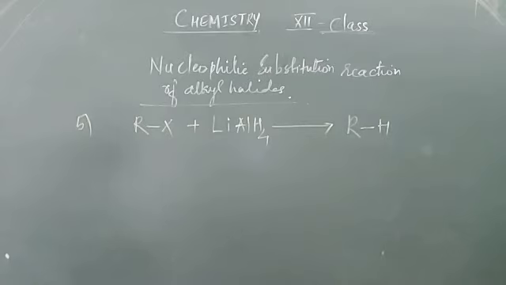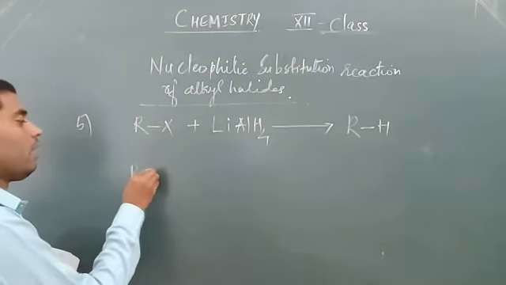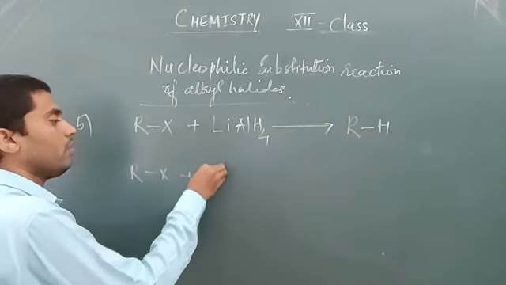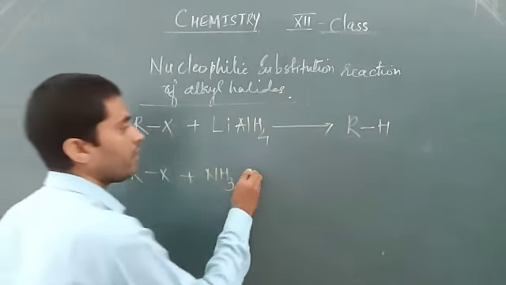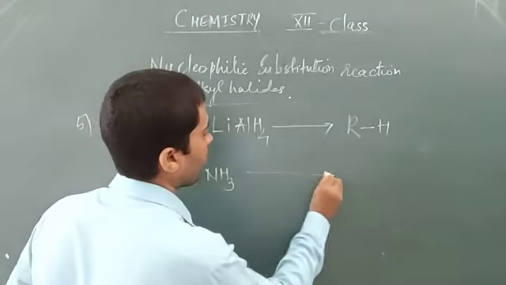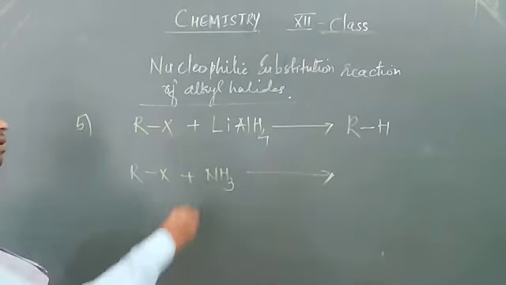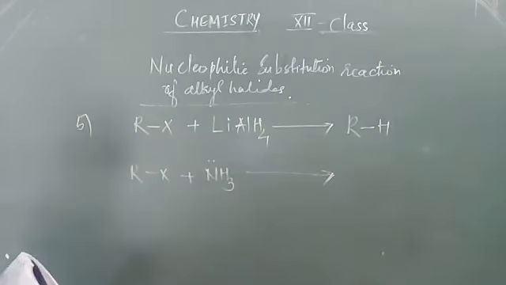RH means alkane. Now, reaction with ammonia, RX plus NH3. Ammonia reacts with alkyl halide and produces primary amine.